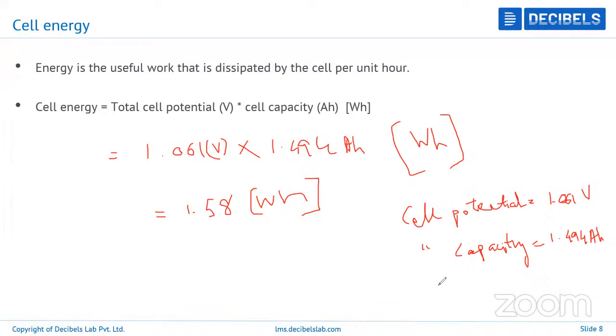And your energy will be 1.58 watt hours. Okay, so these are the three parameters that we have calculated so far, right?